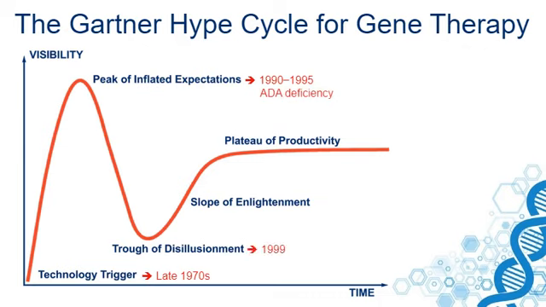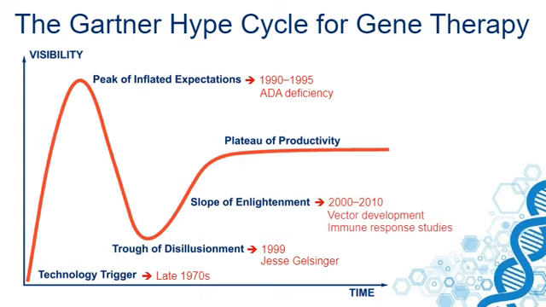However, by 1999, there was a disaster where a patient being treated with adenoviral gene therapy, Jesse Gelsinger, died from a systemic inflammatory condition. And this indeed was a trough of disillusionment in the development of gene therapy strategies. Nevertheless, over the next decade, from 2000 to 2010, basic science work on vector development and understanding much better about immune response to gene therapy delivery led us to what is currently a plateau of productivity.